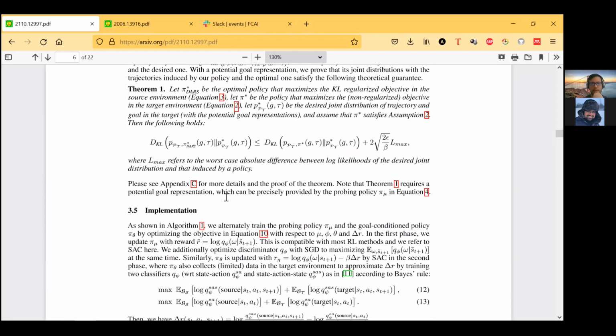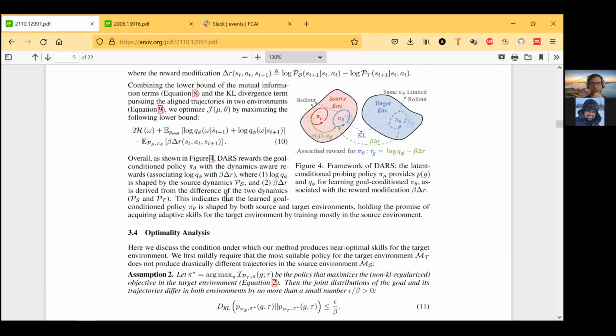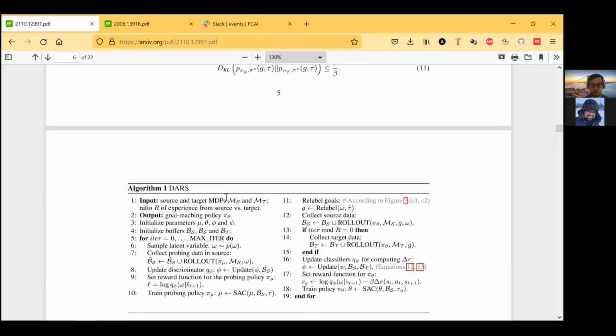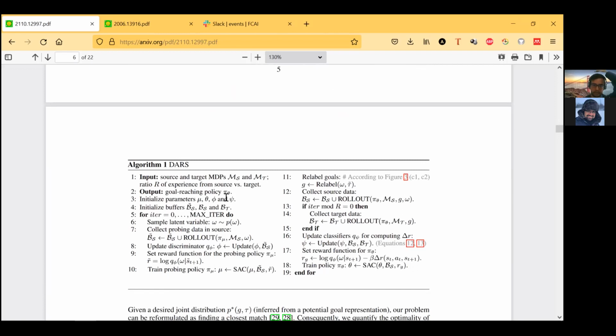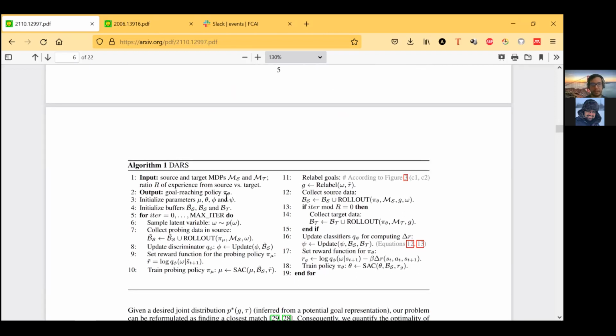And so this is the overall algorithm at the end. Maybe we can go through it, some kind of recap. The general setting is that you have a source environment and a target environment. This is a hyperparameter.